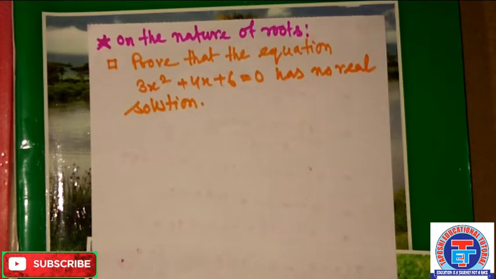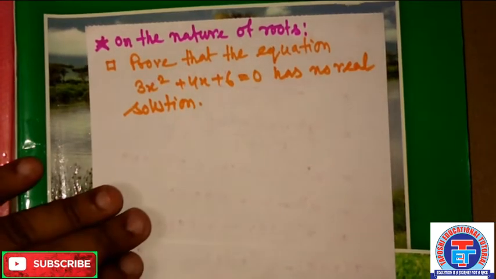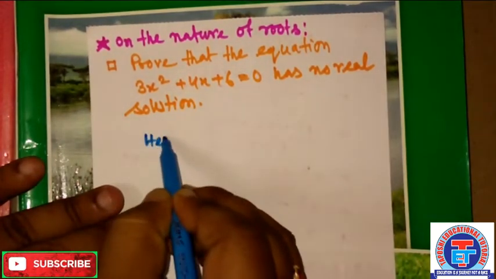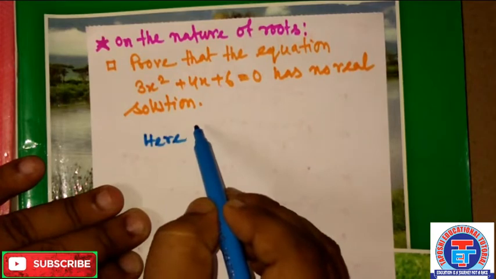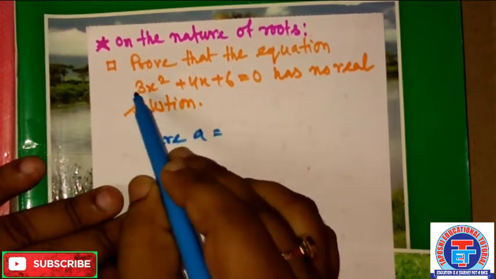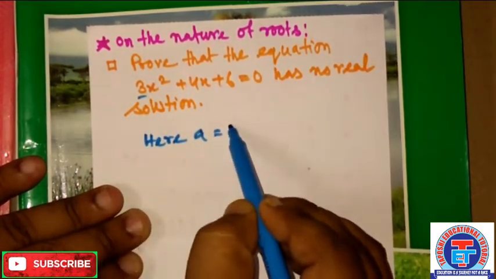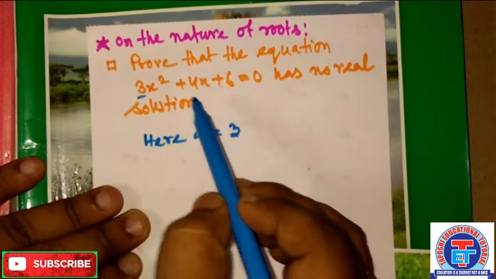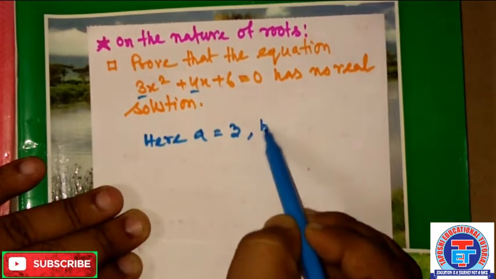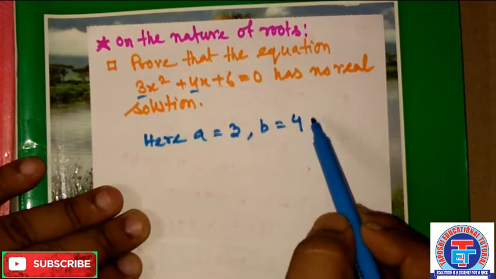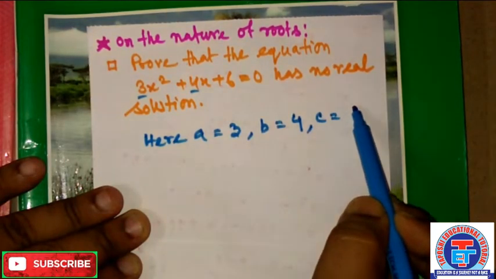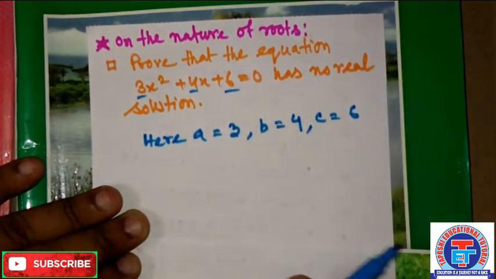Okay, on the nature of roots we solve here. So here a is equal to 3, b is equal to 4 and c is equal to 6, right.